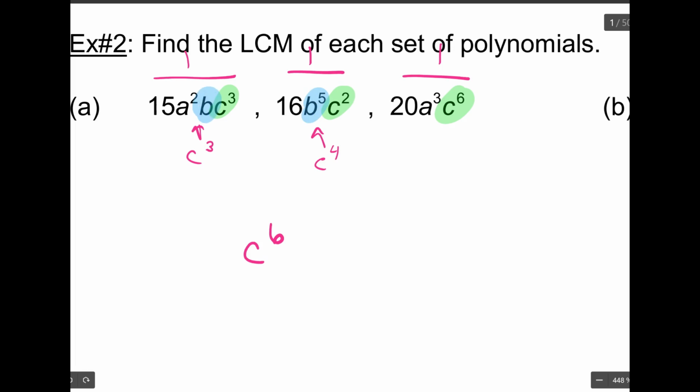The least common multiple would be b to the fifth. So that means I don't have to multiply the middle one because I already have b to the fifth. This very right side doesn't have any b, so I have to multiply by b to the fifth. And on the left side, what do I multiply by?